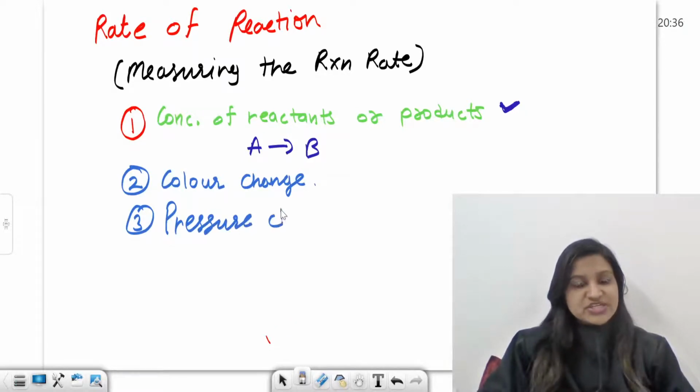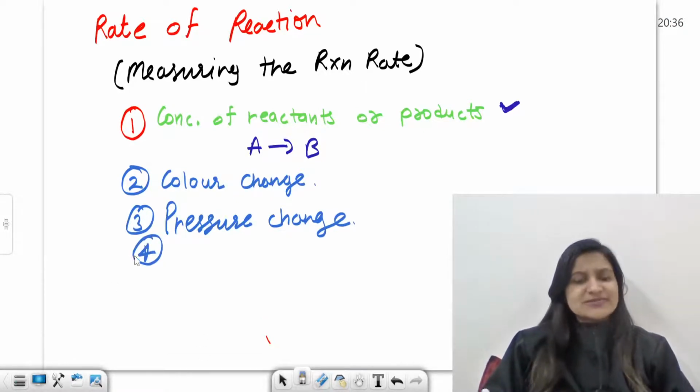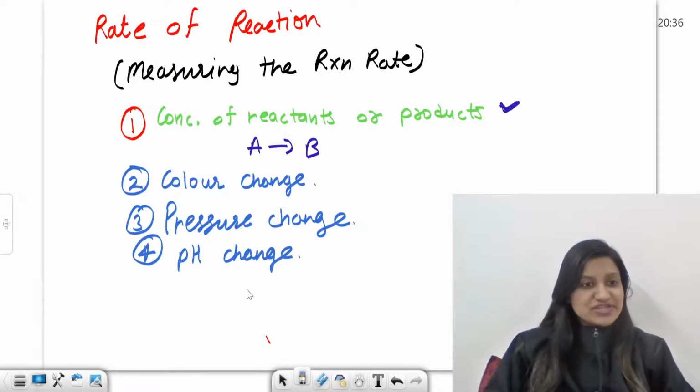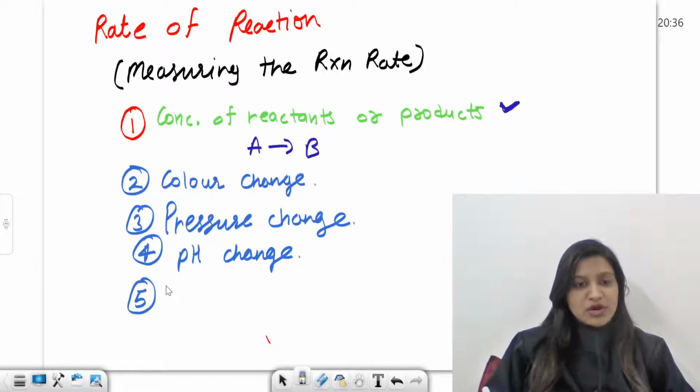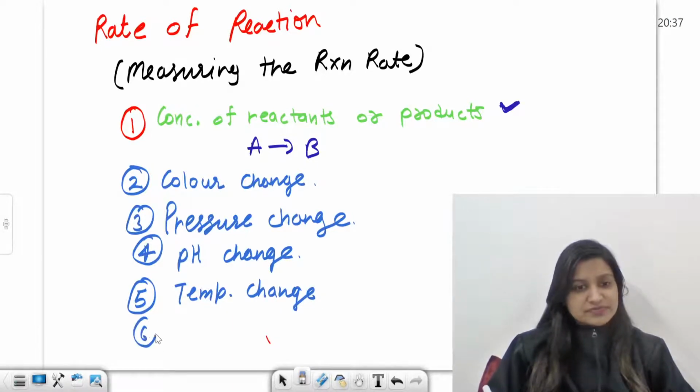So pressure change can also be taken. Or else, pH change. If the pH level changes, even then you can measure the rate of the reaction using it. Or you can say temperature change, volume change. By these factors, you can also measure.